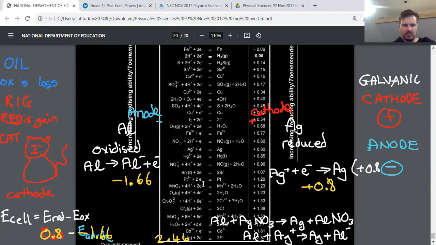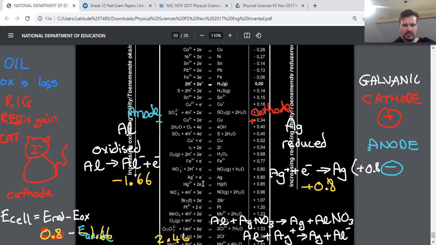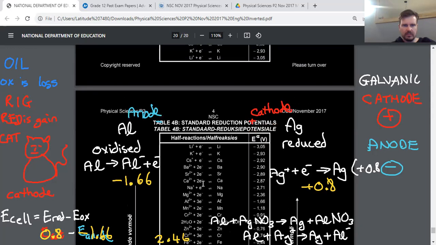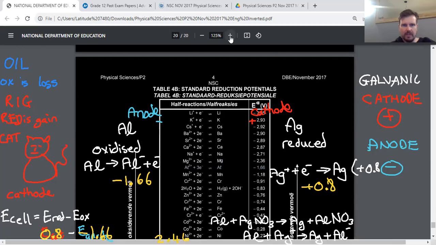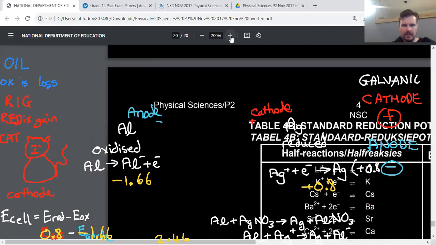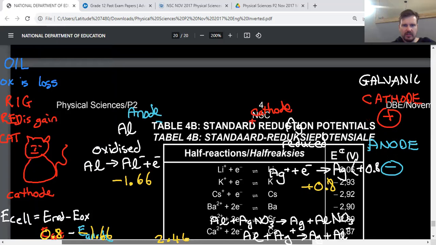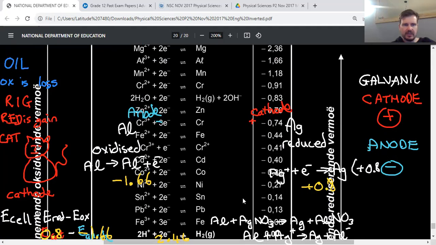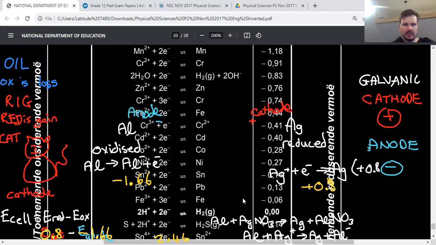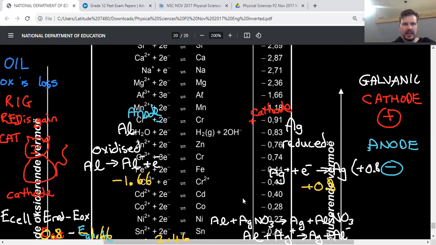Now, actually, if we go down to Al, do you see that it is 3 plus? I don't know if you can see that. I can zoom in a bit more. So there's no excuse to get it wrong. I shouldn't have got it wrong because it is there. I just read it as plus. But if we zoom in, there's the Al there, right? It's 3 plus.